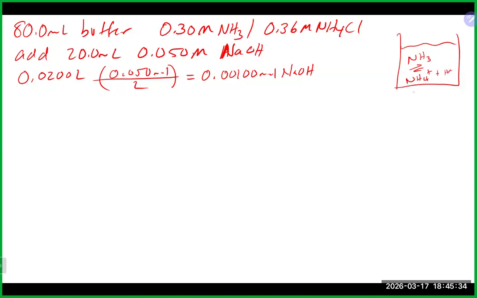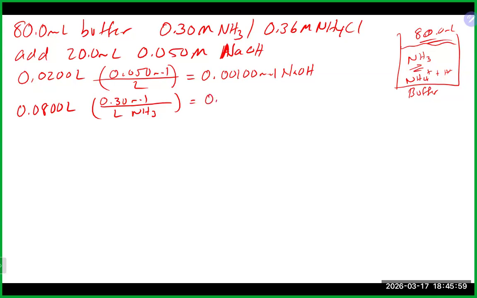You've got both of those in there, and the total volume here is going to be 80 milliliters for both of them. So 0.08 liters times our ammonia, 0.3 moles per liter, gets us 0.08 times 0.3, 0.024 moles of ammonia.